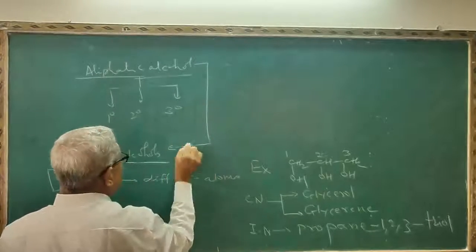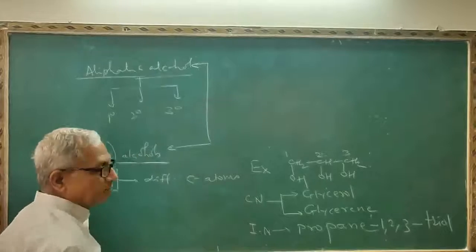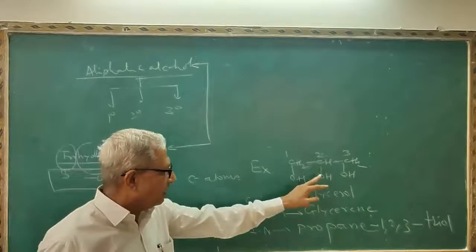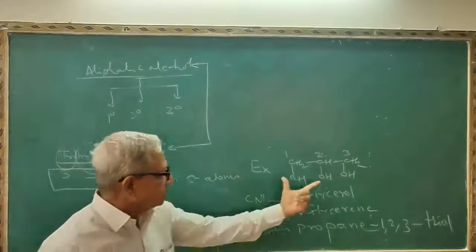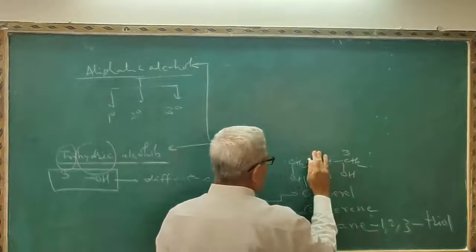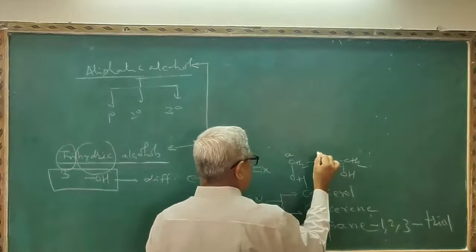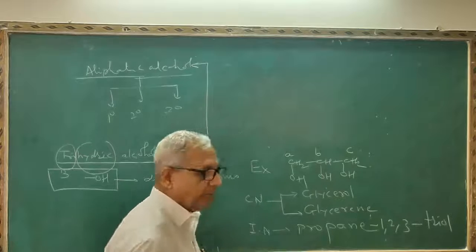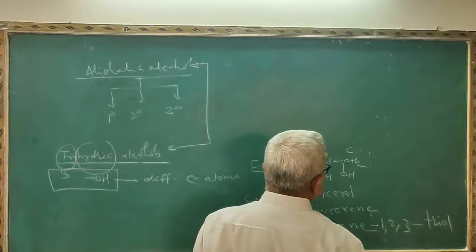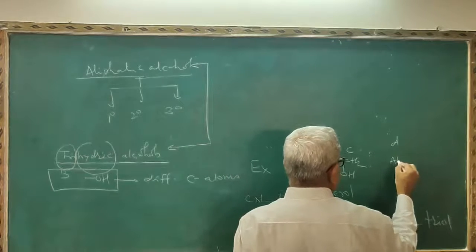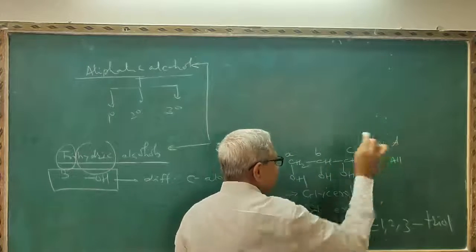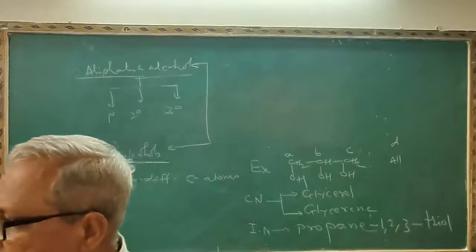Combined question will be here on these 2 titles. See, the example of trihydric alcohol is glycerol. It contains 3 OH groups. Now I will just modify the question here, A, B and C. So D option will be all. So 4 options are here, A, B, C and D.